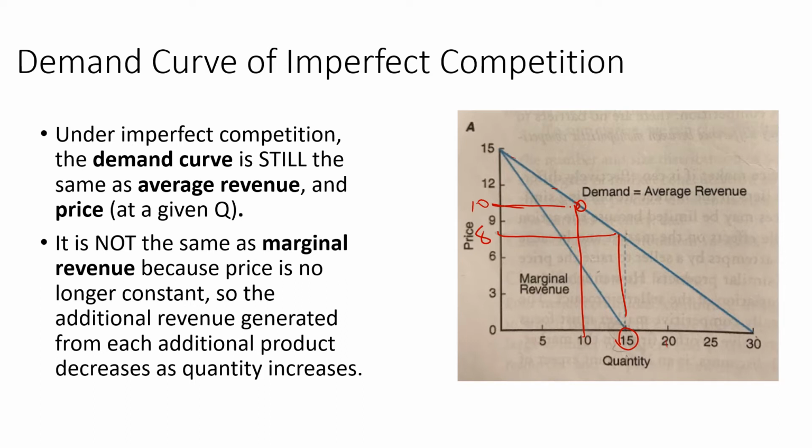So marginal revenue is the amount of money that you get for each additional sale. It's going to decrease every single time, because in order for us to sell another cup of coffee, we have to decrease our price. So our marginal revenue curve is different in an imperfectly competitive market compared to a perfectly competitive market. So our marginal revenue curve sits outside of the demand curve.